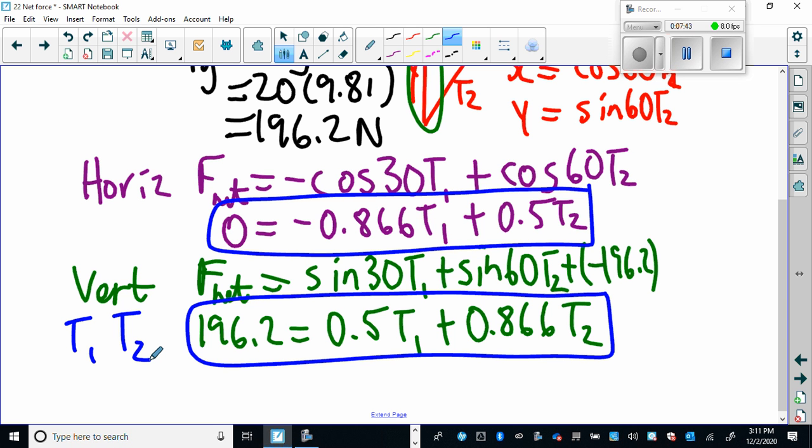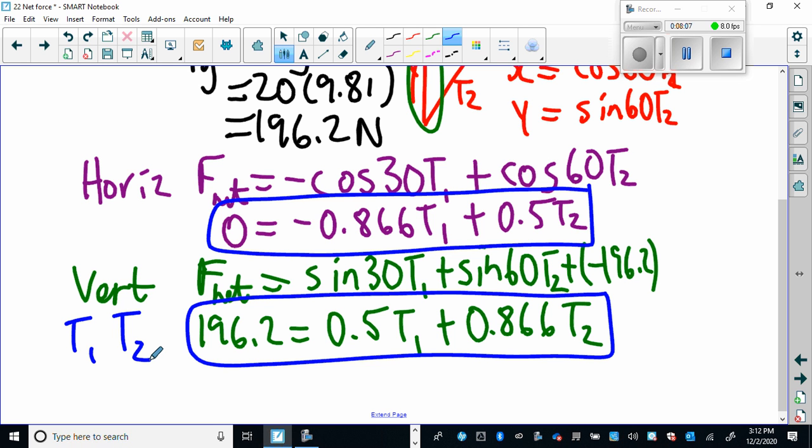To solve a system of equations, if you have two equations with two different variables, you can solve for both variables. If you have three equations and three variables, you can solve for the variables, right? But if you have two variables and only one equation, then there are an infinite amount of solutions. So two equations, two variables, we can solve for it. And what we're going to use for this one is substitution.